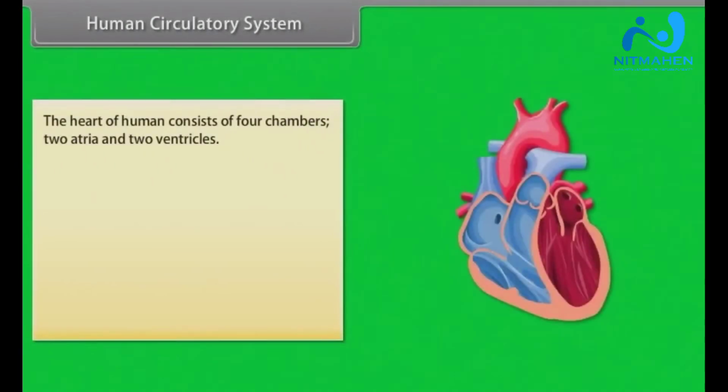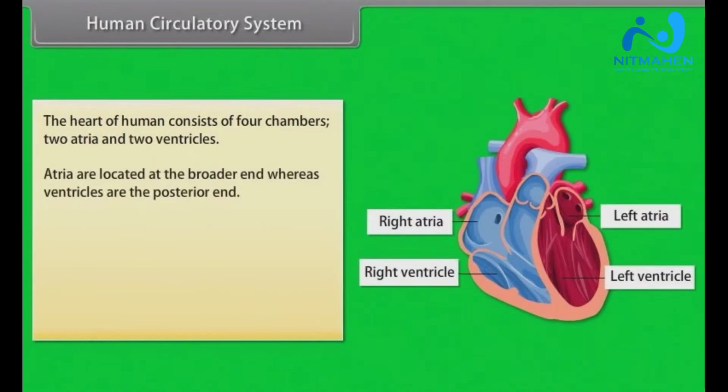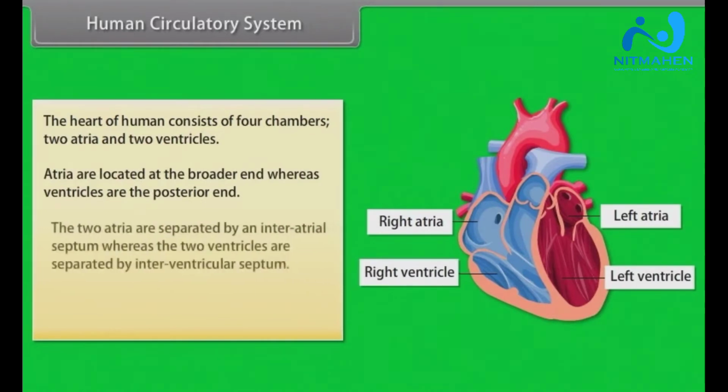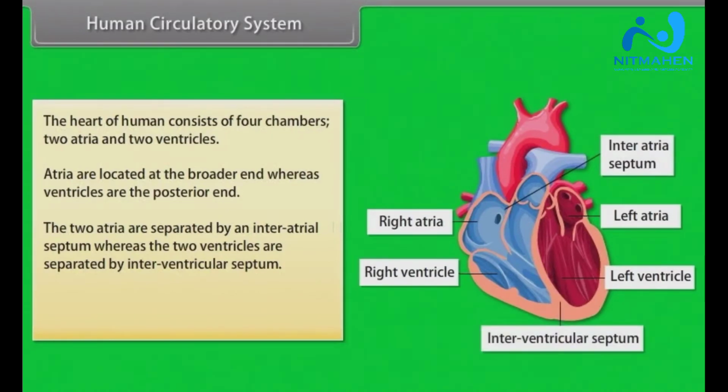The heart of humans consists of 4 chambers, 2 atria and 2 ventricles. Atria are located at the broader end, whereas ventricles are at the posterior end. The 2 atria are separated by an interatrial septum, whereas the 2 ventricles are separated by the interventricular septum.